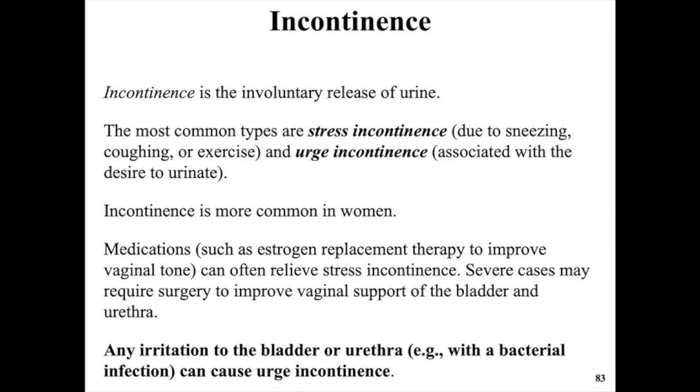Urgency in urinary symptoms has to do with this very strong desire to use the restroom, to void the urine. And that's where the term comes from, and that is normally associated with overly contracting the detrusor. For example, an inflammatory process can irritate and make the detrusor contract more than normal.